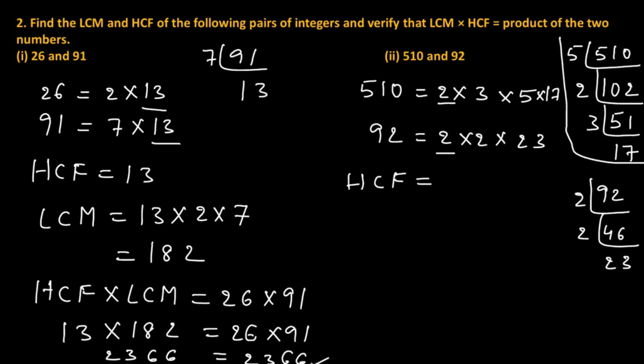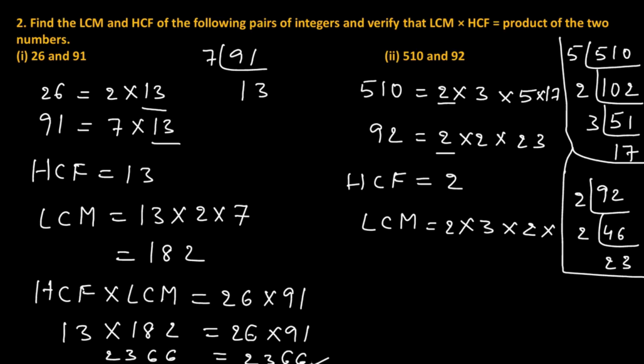Except these, there is nothing common in these two. For the LCM, along with the common numbers, you must write all the numbers. So 2 into 3 into 2 into 5 into 17 into 23.